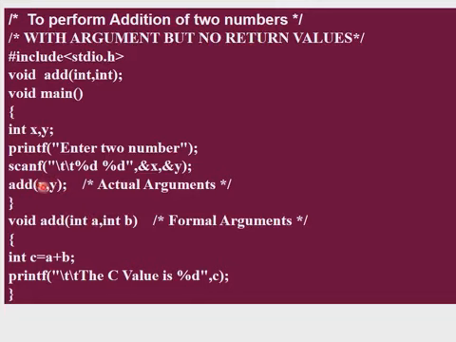So in case of x, the value of x will be copied into a and the value of y will be copied into b, and then we will add these two numbers into a variable c and print that value of c, that is, the addition value. So here we have printed the value, not returned it. It will not return anything, but it has input from the actual parameters.